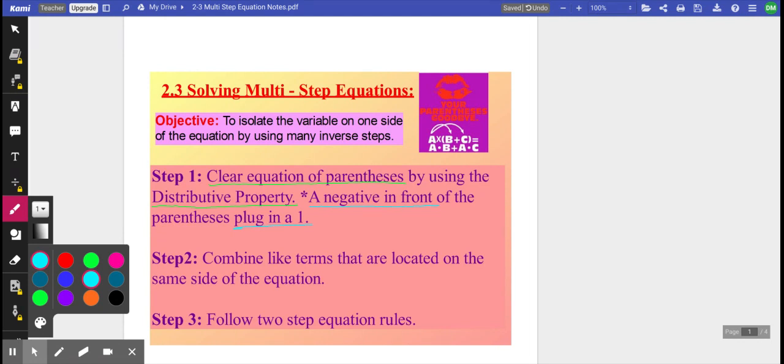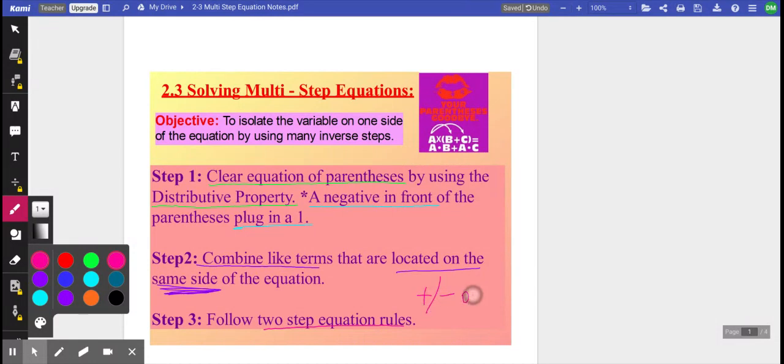Step number 2, which we worked on yesterday, we're going to combine like terms. Key piece, they must be located on the same side of the equation. And that is why we put that line down the equal sign to show the left and right side. And then step 3, we are following the two-step equation rules where we do a plus minus.